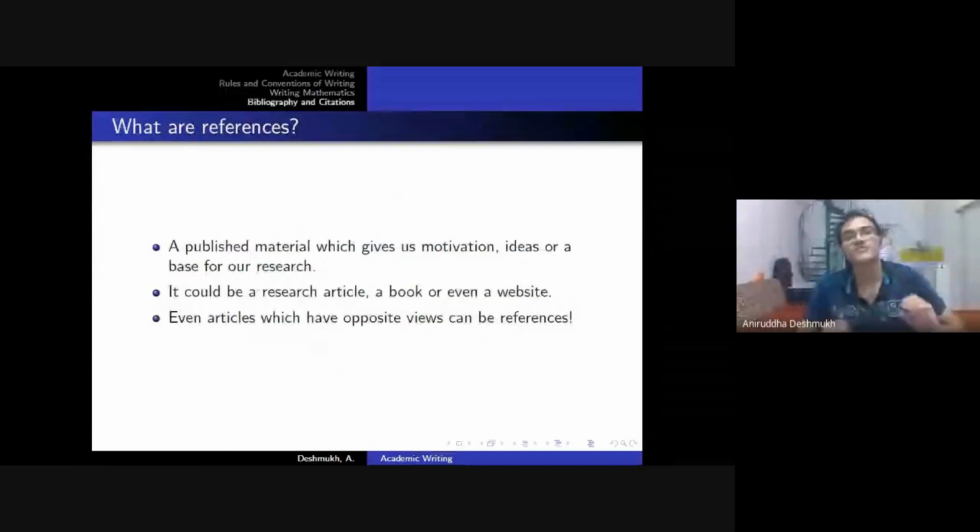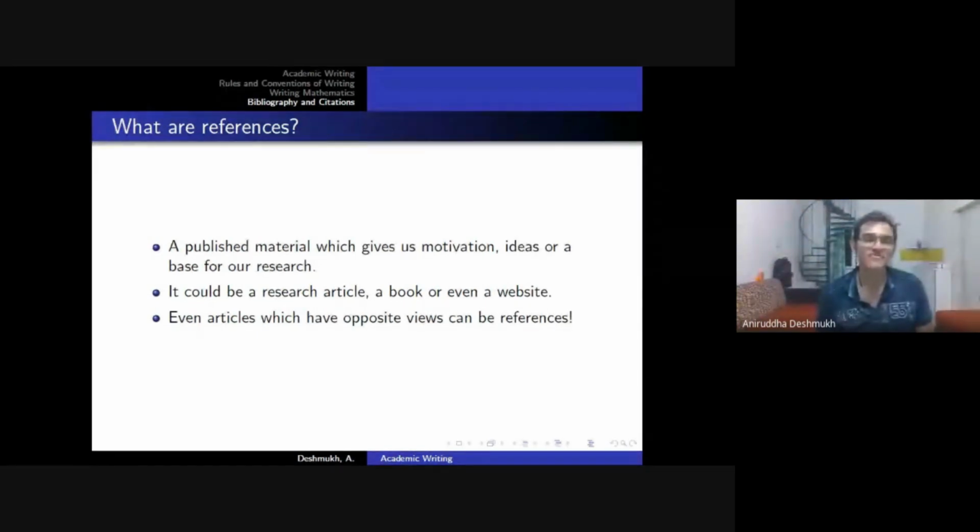Now, what is bibliography and what are, first of all, references? Any published material which has given us some motivation for research, or from which we have taken some idea, or which basically forms a base of our publication, is a reference. Now, there are usually three types of references which we can come across. It could be a research article previously published in some journal.